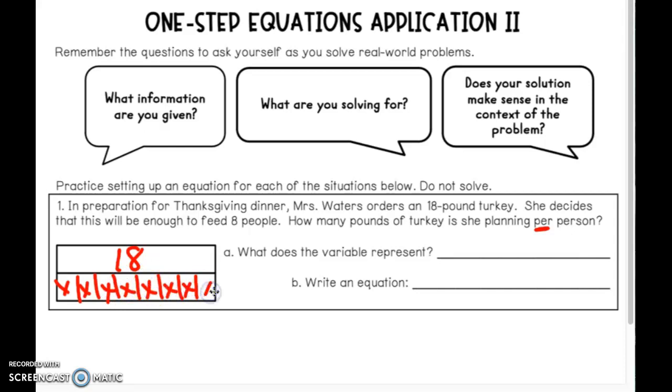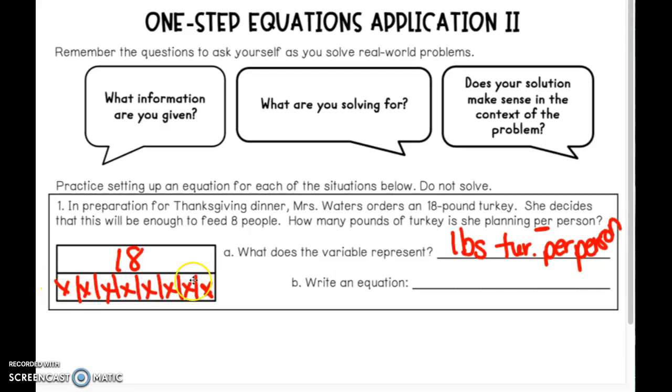Because there's 8 people. Each one of these is a person, how much each person is getting. So the variable is the pounds of turkey per person. That's what our variable is going to be figuring out.